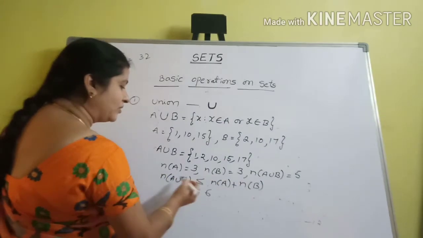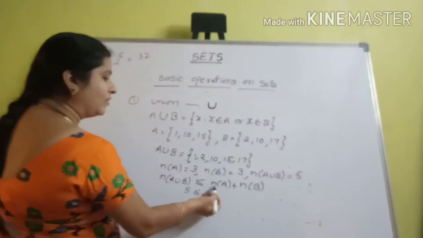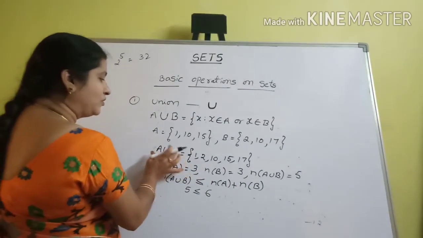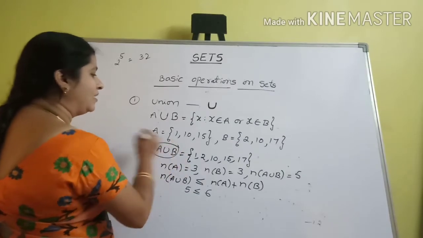Sometimes n of A union B equals n of A plus n of B. Okay, this is the process to find the A union B value.